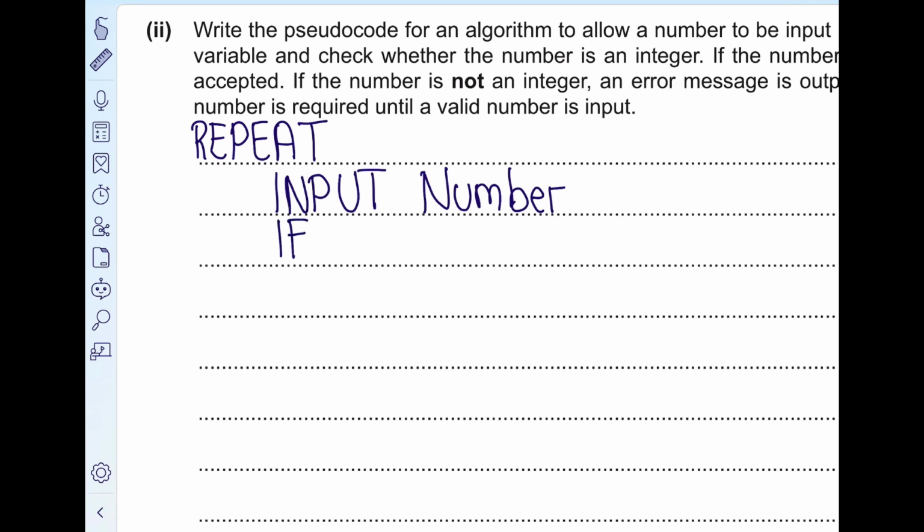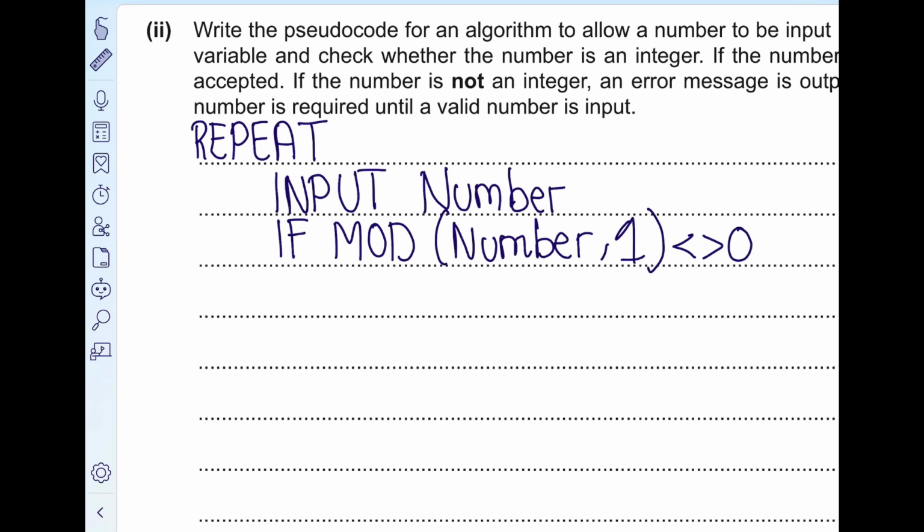If the mod of number comma 1 is not 0. So when we do the modulus and the number is not an integer, the modulus of 1 would result in a value with a decimal part. It would not give us 0.